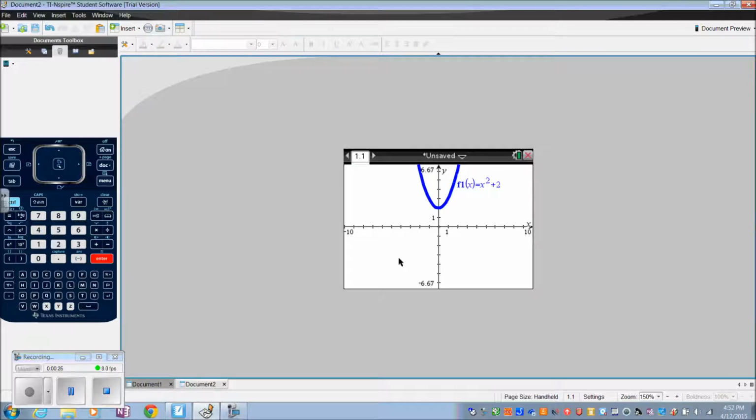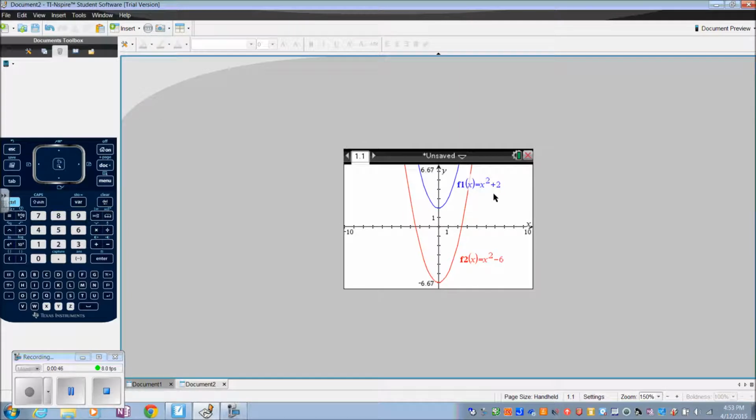To get the other one on the same graph, you hit tab, and we're going to do x squared minus 6. And the x squared minus 6 is the one that's in red, which is our g of x, and the one in blue is our f of x.